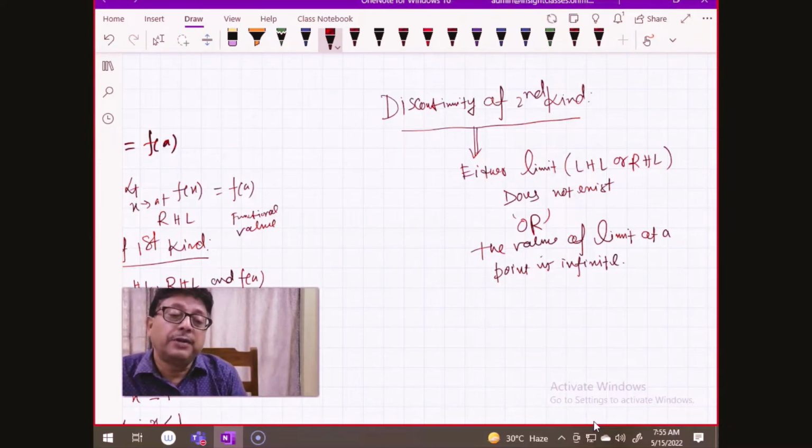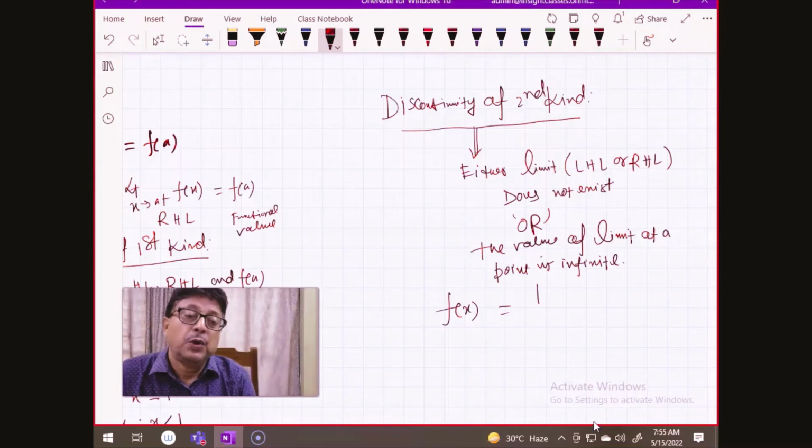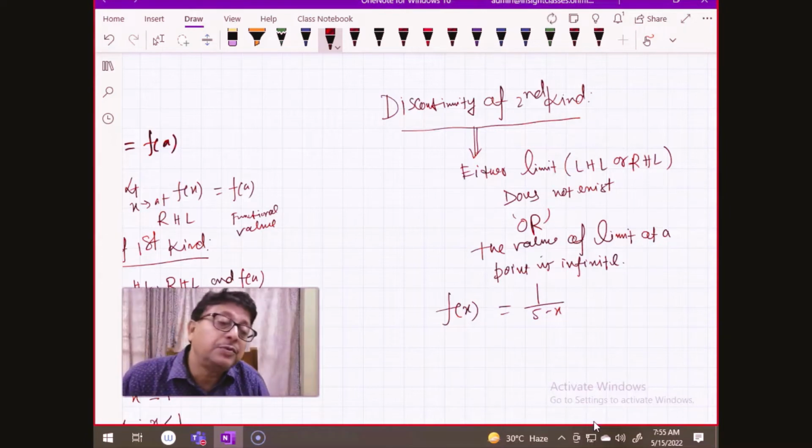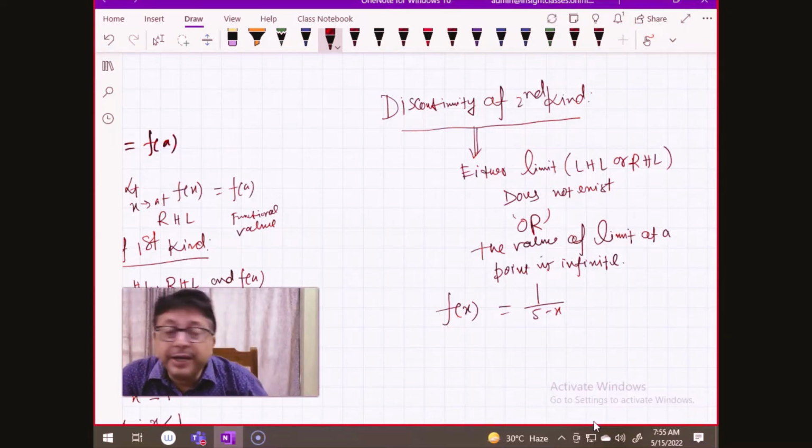For example, if we take f(x) equal to 1 by 5 minus x, and they ask you to check continuity at x equal to 5, what will you get?